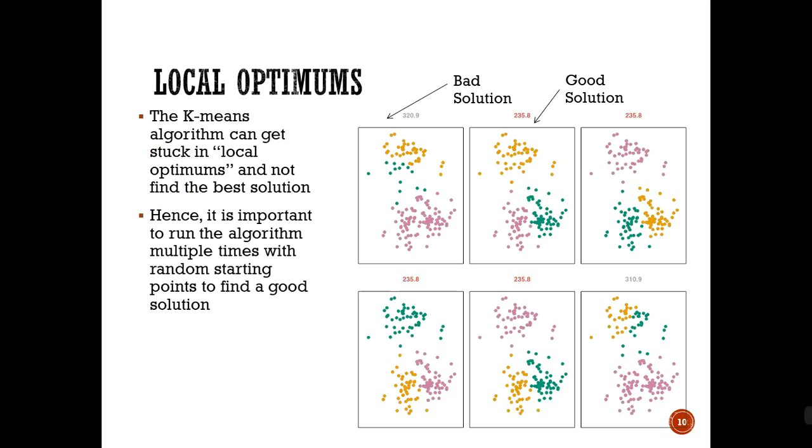A local minimum, in calculus, means that the derivative of the function is 0, but it is not the lowest point of the function. If a function is not convex, you can have a place where the function is flat, but it is not the lowest value in the whole function. So this algorithm will get to a local minimum.